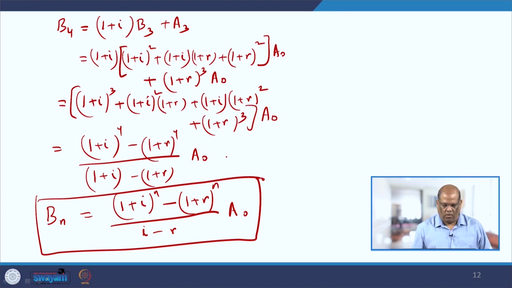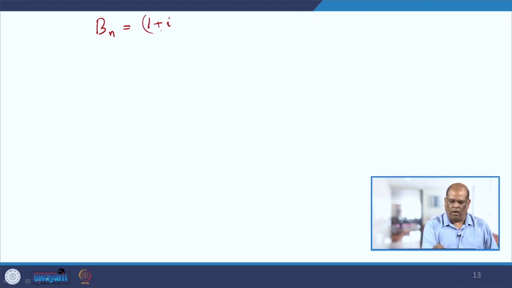So let's now find what will be his funding after 240 months. So I write the formula one more time, which is Bn equal to ((1 + i)ⁿ − (1 + r)ⁿ) divided by (i − r) into A0.